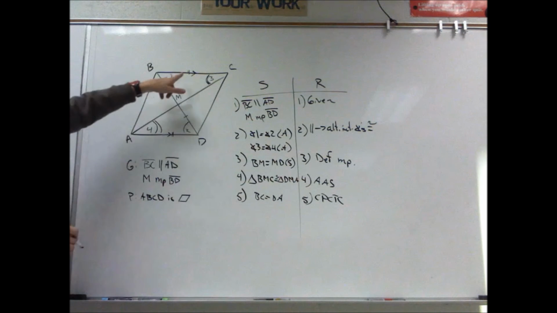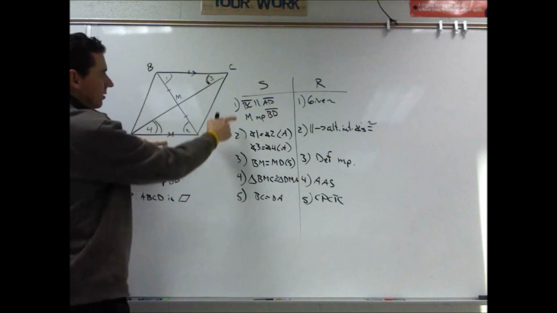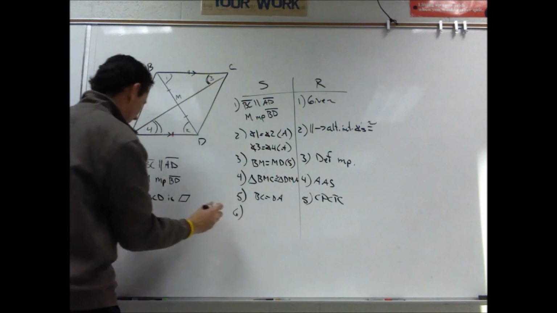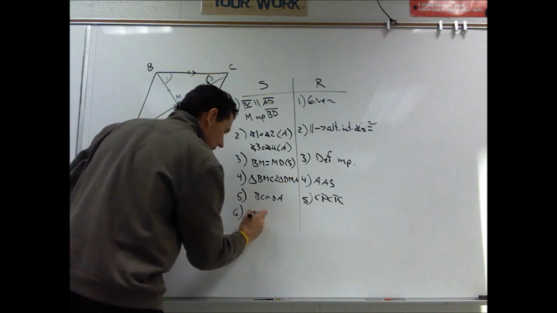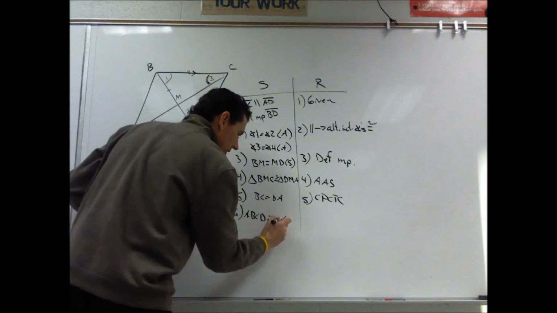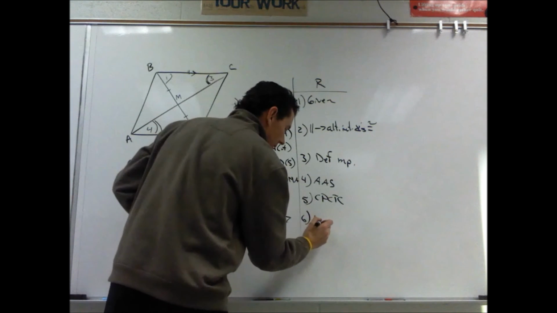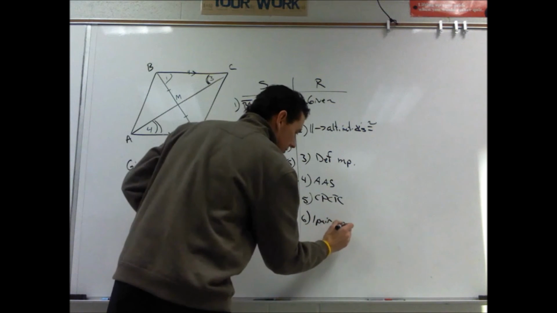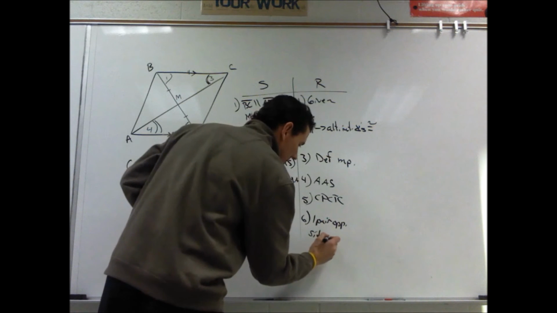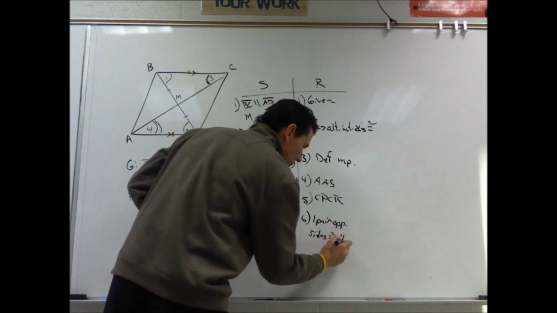And now I've got one pair of opposite sides that are both congruent and parallel. Now we can say ABCD is a parallelogram. One pair of opposite sides congruent and parallel.